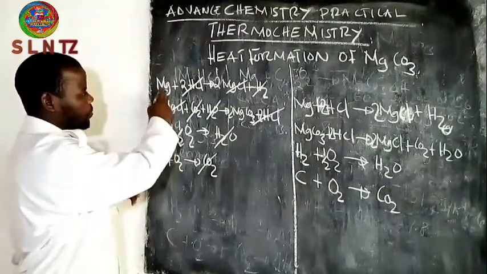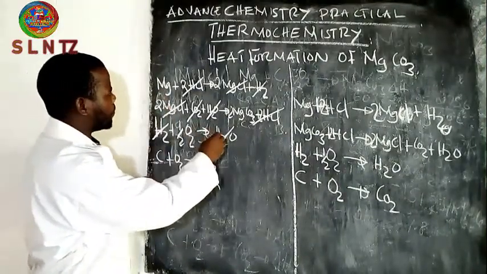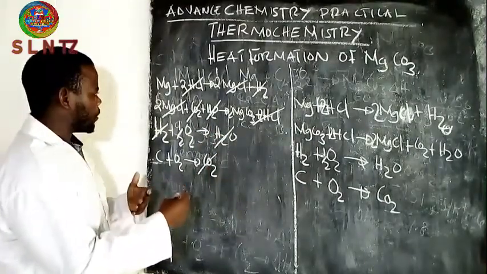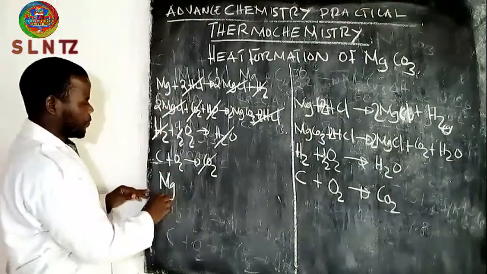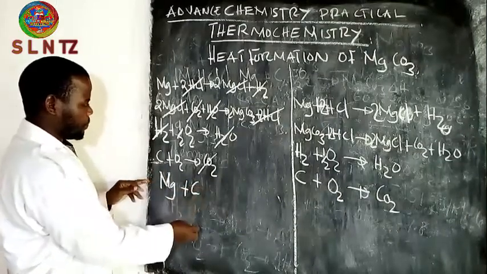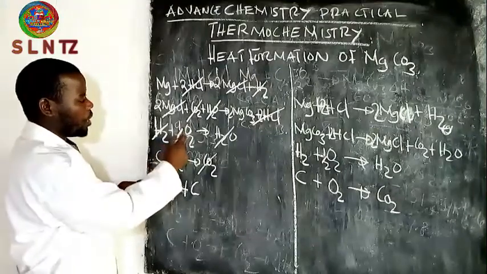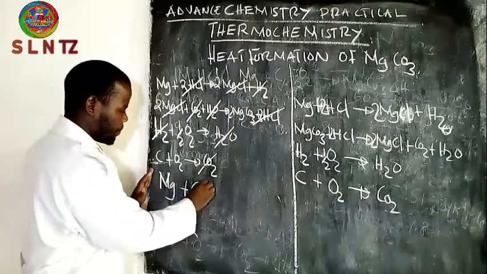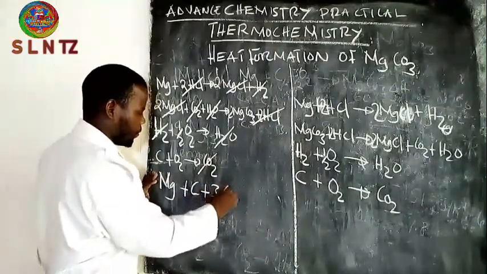And then we are going to see what remains. What remains is magnesium, carbon, and oxygen. This oxygen is 1, this is 2, that's why the total will be 3 oxygen.